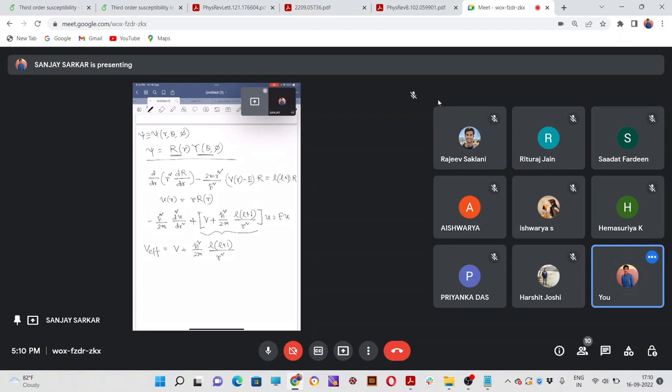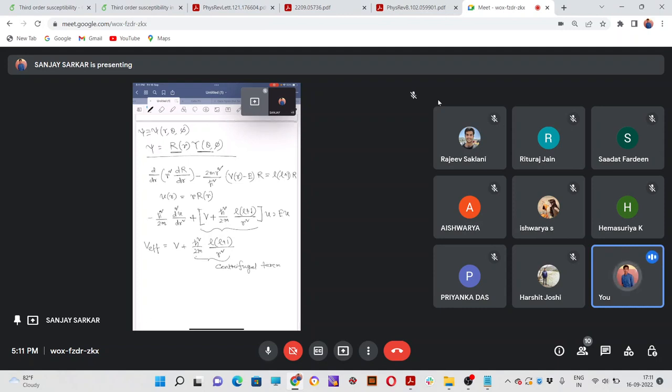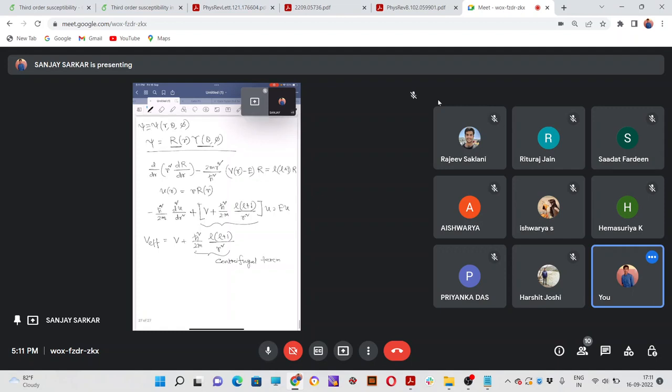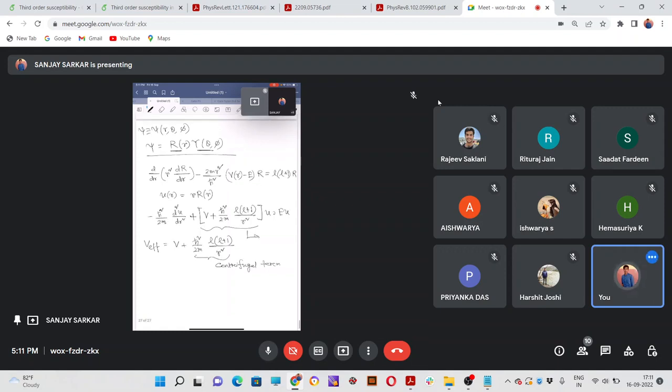This term is called the centrifugal term, because it tends to throw the particle outward, similar to the classical centrifugal force. So we got the radial equation. This is called the radial equation.